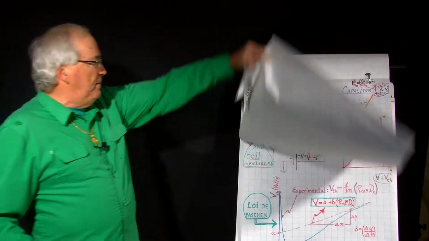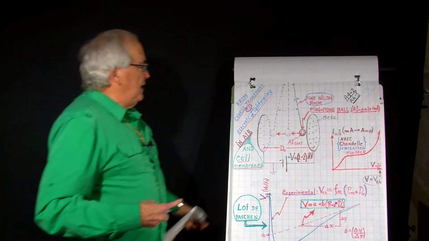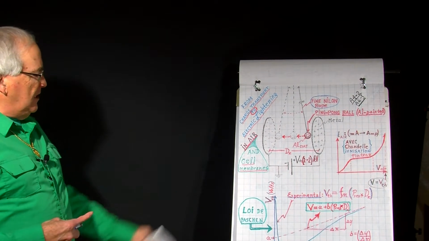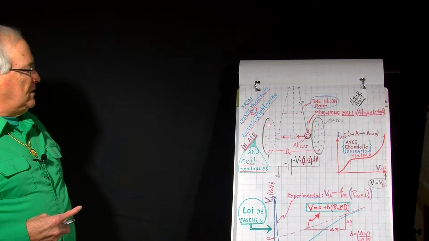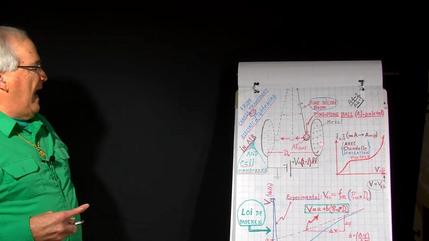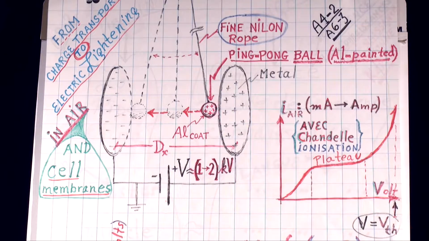Now, just a little bit about the basic phenomenon involved that I just talked about. I have illustrated here two plates of a condenser, metallic plates, and a ping pong ball painted with aluminum. You can have a high voltage DC source here, and the ping pong ball will act like a charge transport molecule across the cell membrane.